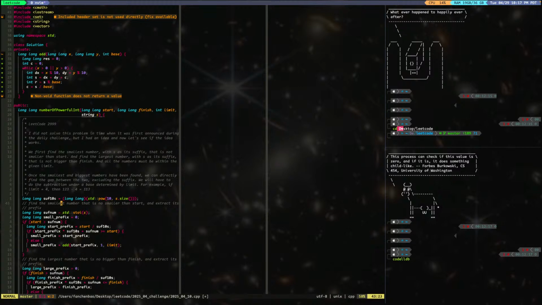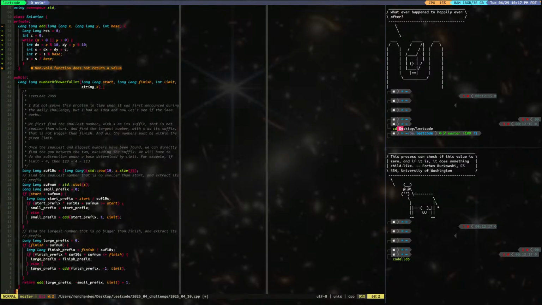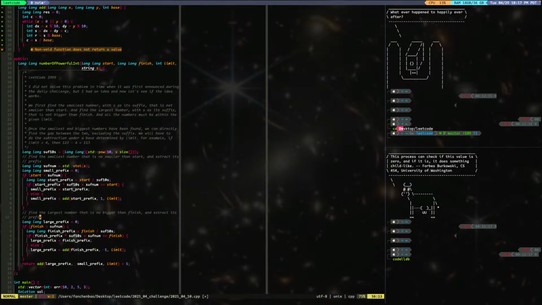Smaller than is no smaller than start. Okay, let me recheck this. Start larger than. This is the suffix number. Smaller prefix, if start is larger than suffix number, then start prefix is start divided by that.